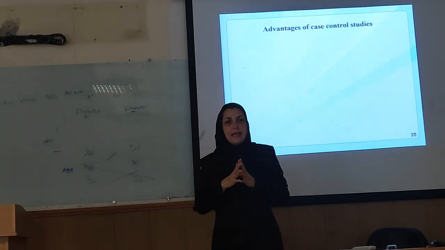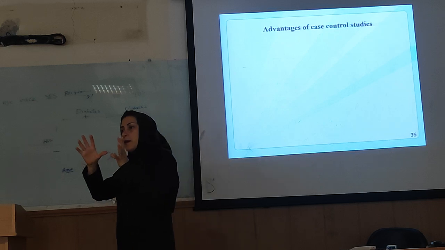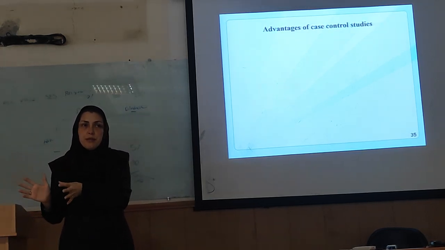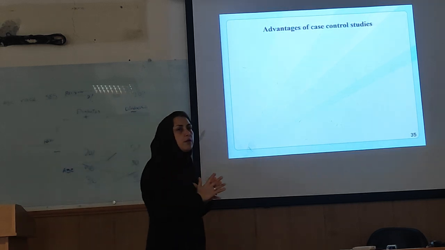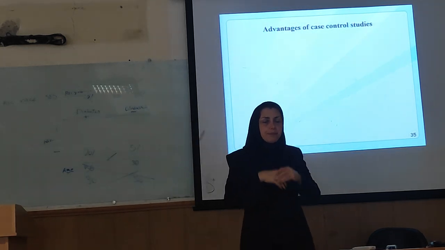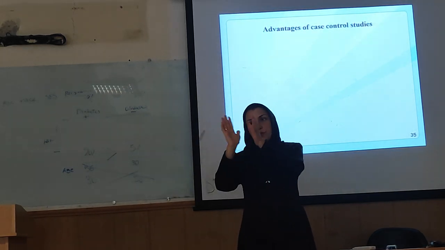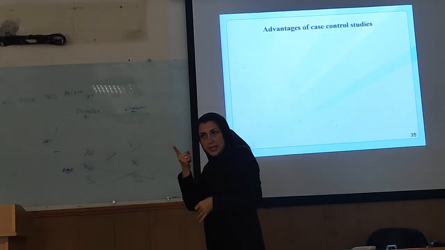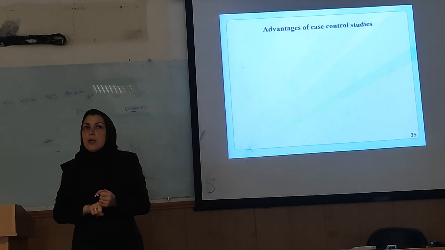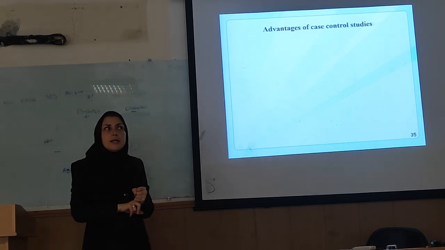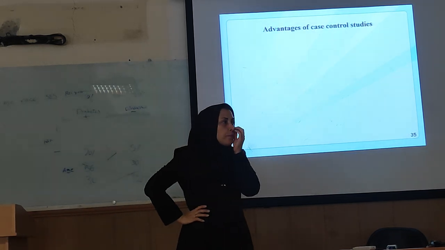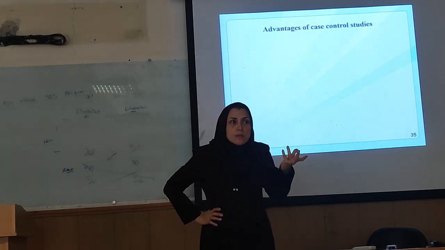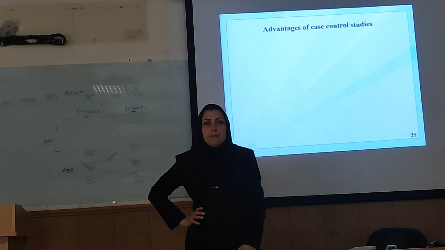Migraine, for example, headache. Some of you have suffered from migraine, and some of you have not. So some of you are cases, and some of you are not. My hypothesis is an association between exposure to asbestosis and migraine.